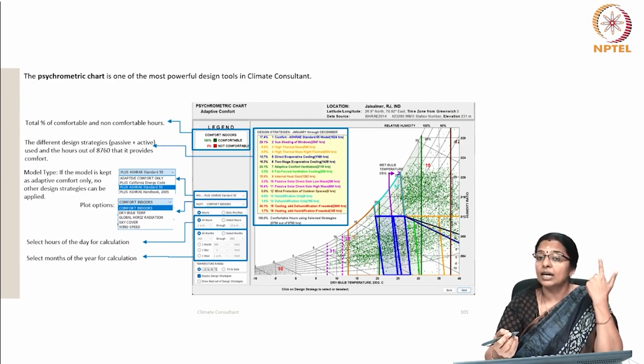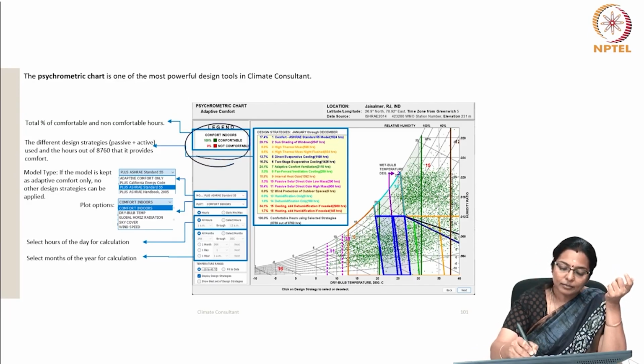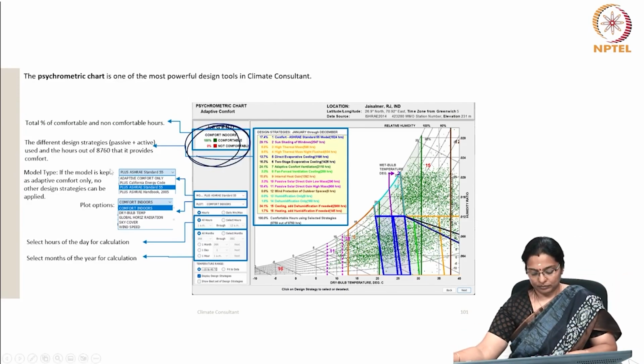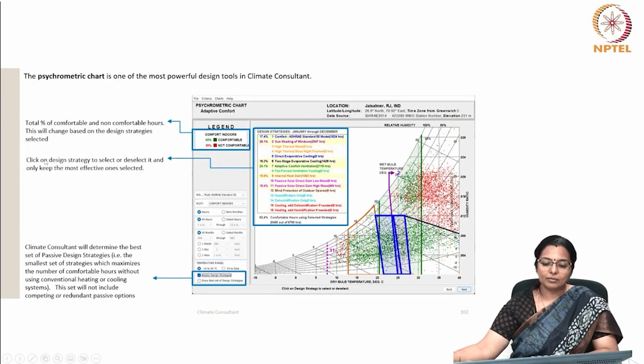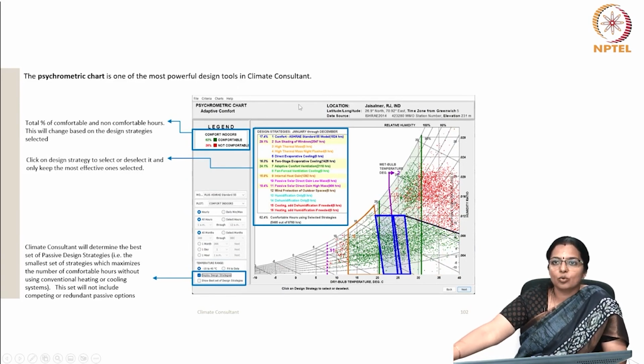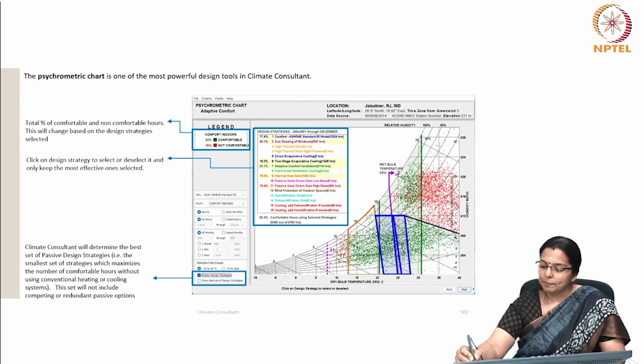We selected the adaptive thermal comfort, and this is the legend of the dots. Then design strategies like cooling, that is air conditioning, and heating can be deselected to get a better understanding of how well other, mainly passive, strategies will work in that specific location and climatic condition.